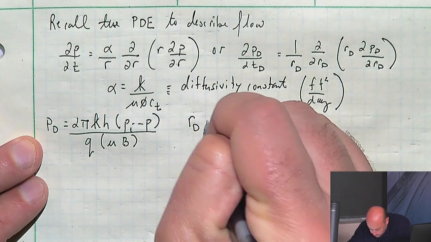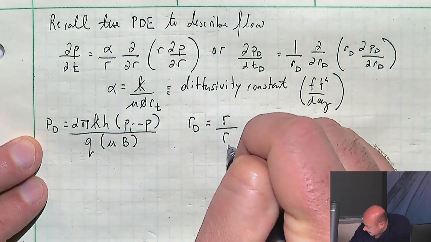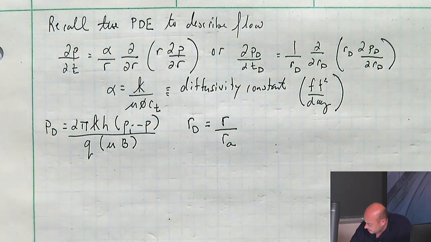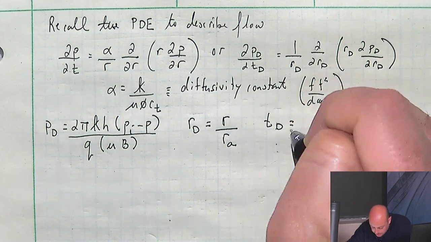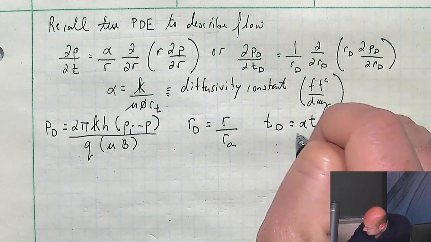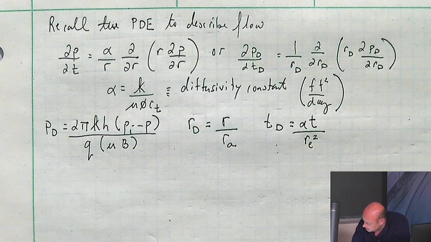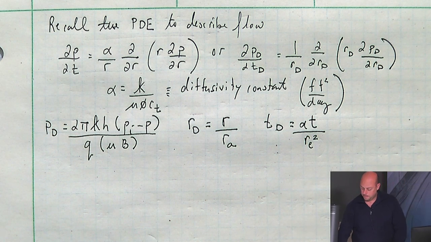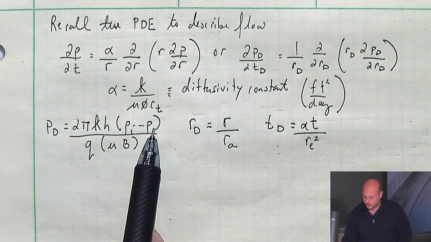RD is the dimensionless radius, which is r divided by R, the outer radius, which if it's an aquifer would be r over RA. And TD is going to be alpha, that's the diffusivity constant, times t divided by the radius of the reservoir squared. Okay, so TD is proportional to time, RD is proportional to radius, PD is related to pressure.